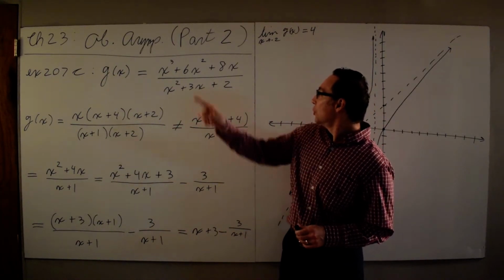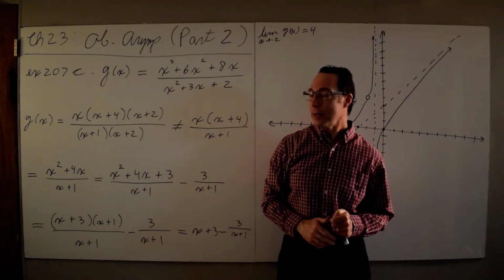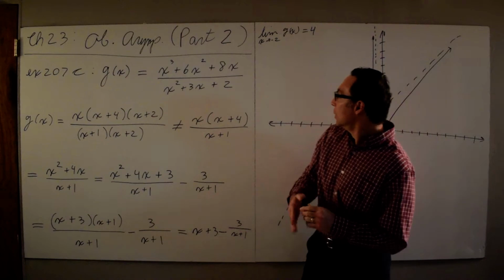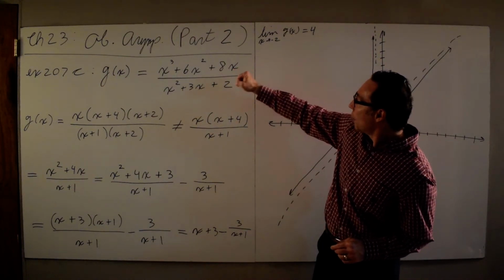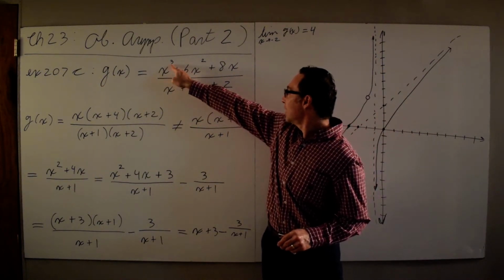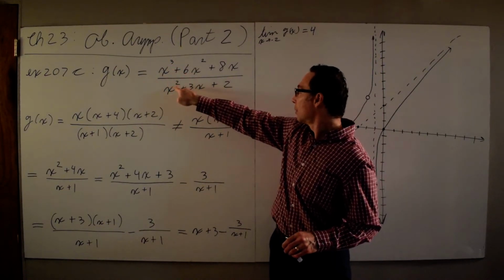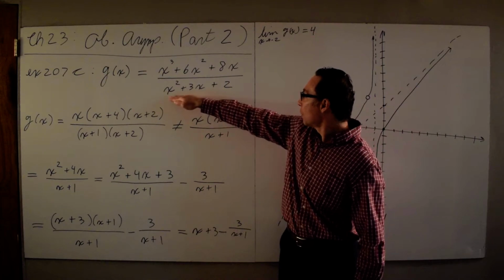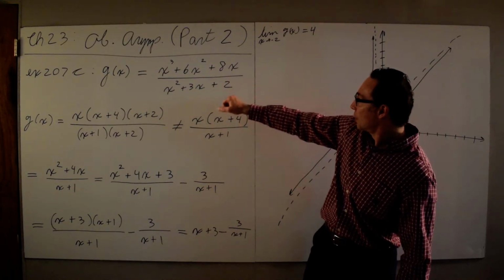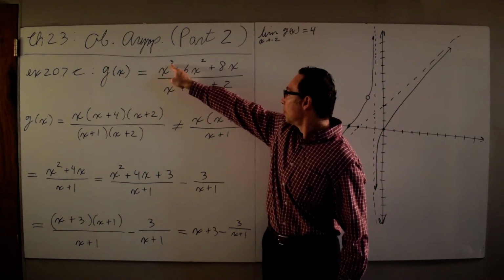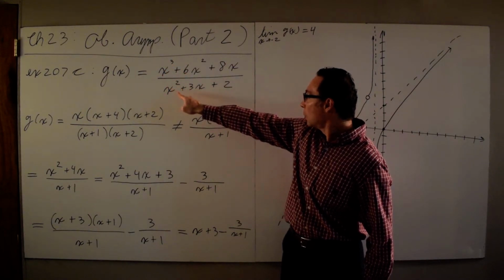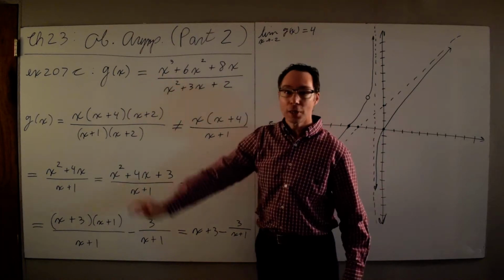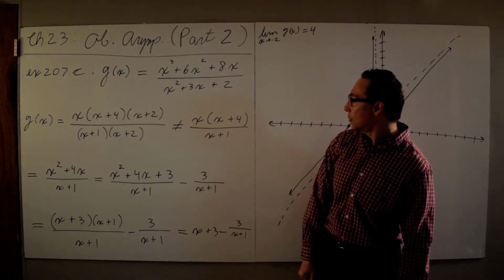What I didn't mention in the first video is how do you know if you have an oblique asymptote of a rational function? When you have a polynomial divided by a polynomial, if the degree of the numerator is exactly one more than the degree of the denominator, you have an oblique asymptote. If the degree of the numerator is equal to the degree of the denominator, then you divide the lead coefficients, and that is your horizontal asymptote.